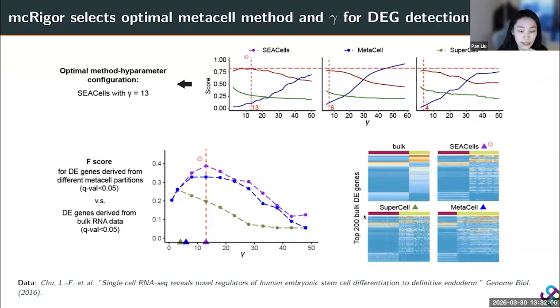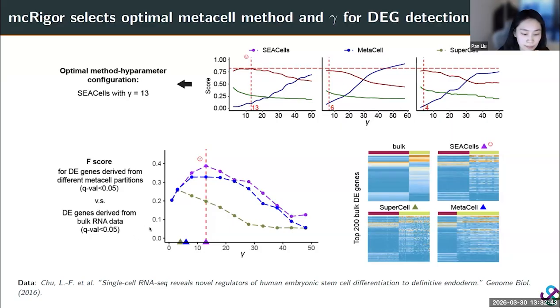So here we just use bulk data as a gold standard to evaluate our DE gene detection given by the metacells generated from different methods under different gamma values. We identify DE genes between two cell types, and here we compute the F scores of DE genes resulting from different partitions versus the DE genes derived from the bulk RNA sequencing data.